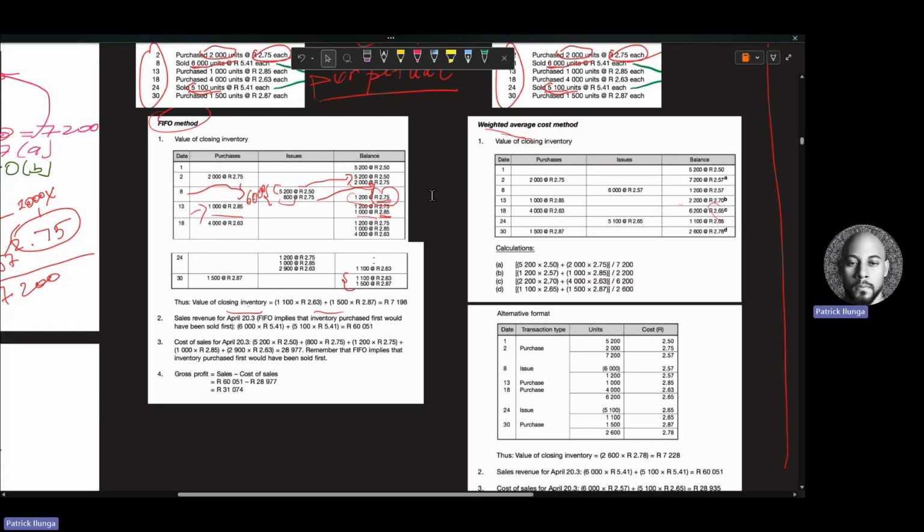We will take the 5,200 units that came in at 2.5 plus the 2,000 units that came in at 2.75, divided by the total. The total of the first day and second day: 5,200 units plus 2,000 units. What is the total? 7,200 units.